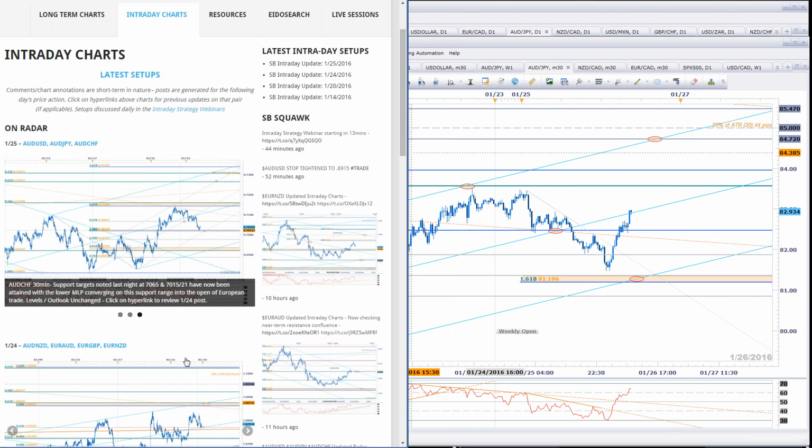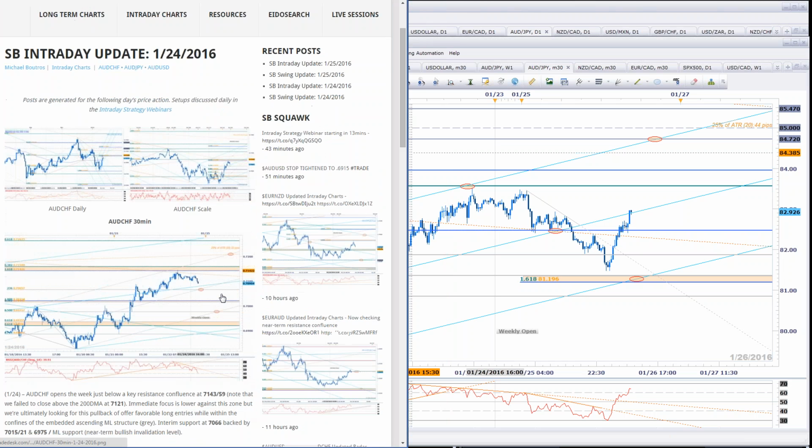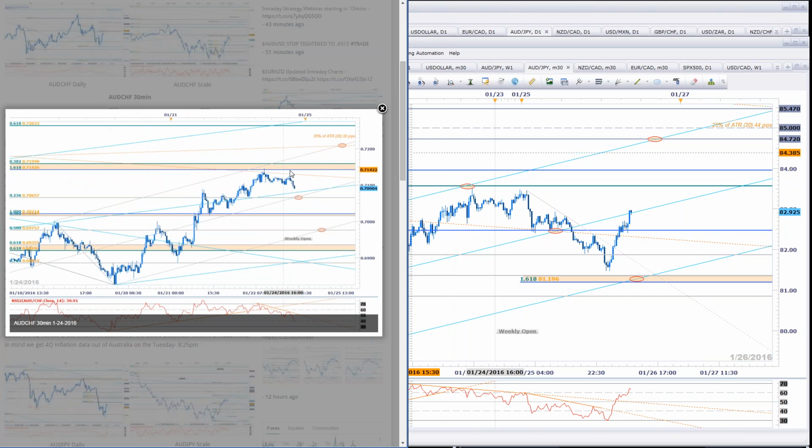Another one where earlier in the week on the update, we were talking about Aussie Swiss. Here's what we opened the week looking like, and Aussie Swiss was opening the week just below a nice resistance confluence, 171.40 into 171.60, 1618 off the low with 38.2 off the high, and you had trendline resistance right there.